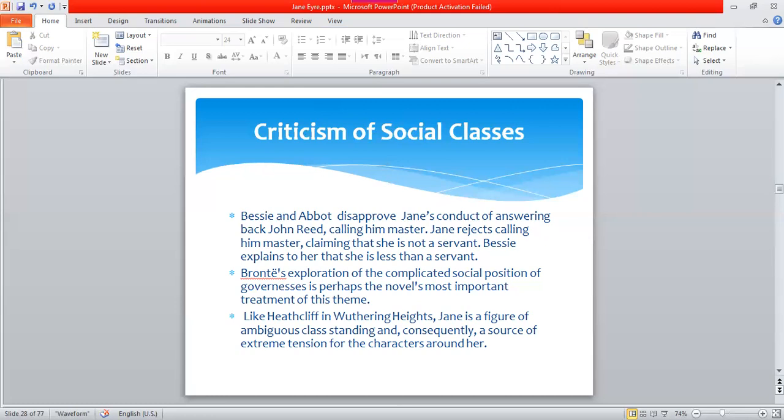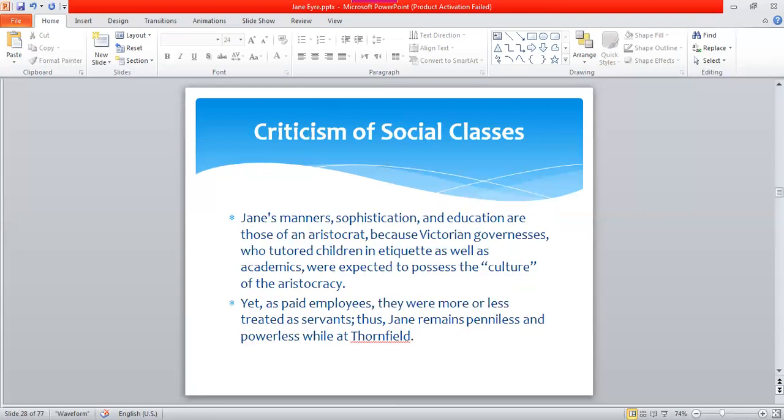Of course, this doesn't refer to Jane in particular, but it's the general problem of the category of governess at that time.